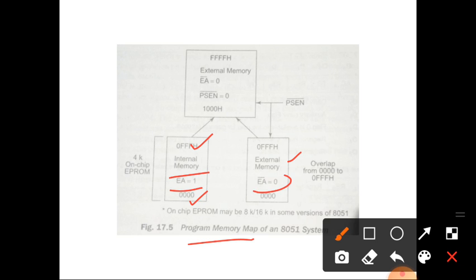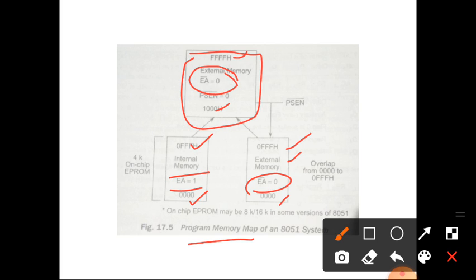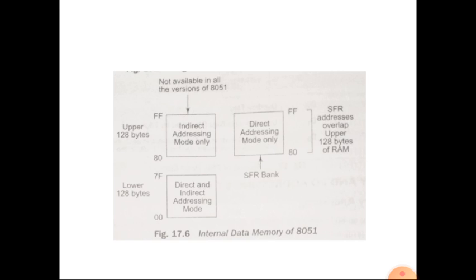When EA bar is equal to 0, the overlapped memory is 0000 to 0FFFH, and the external memory after 0FFFH is 1000H to FFFFH. Here EA bar is equal to 0, and the external memory is accessed using another signal, PSEN bar. That's all about memory addressing.